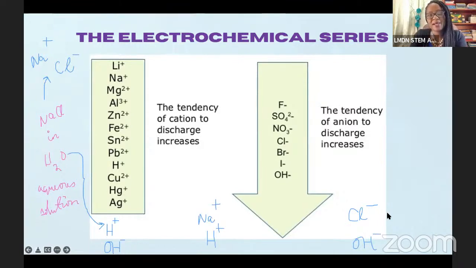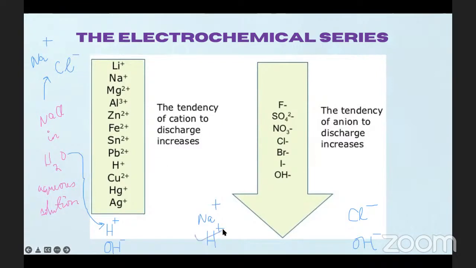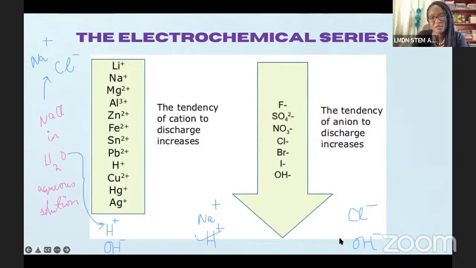And what the electrochemical series does is it tells you that whatever one is lower is the one that's going to win. So for aqueous sodium chloride, what's going to win? It would be this because that's lower, and then it would also be this because this is lower, right?